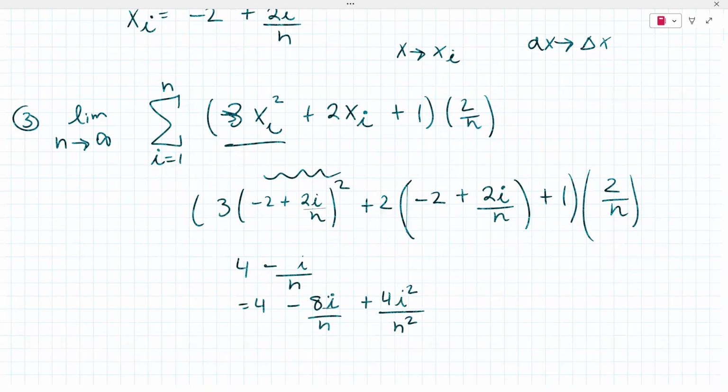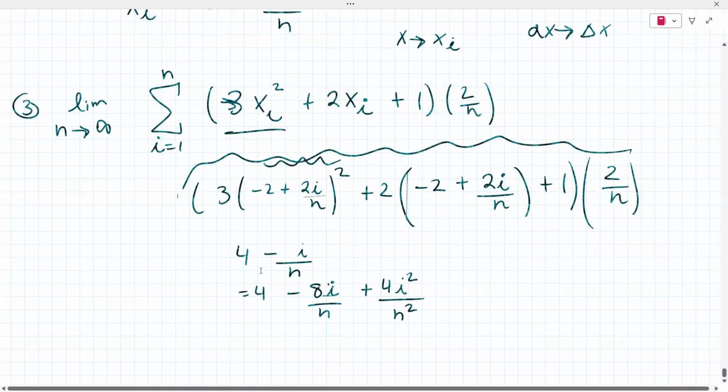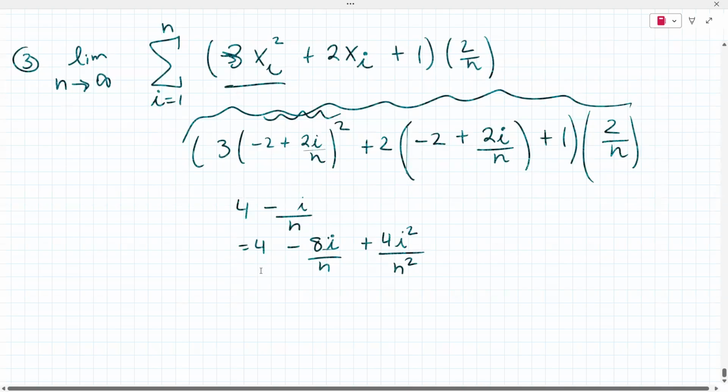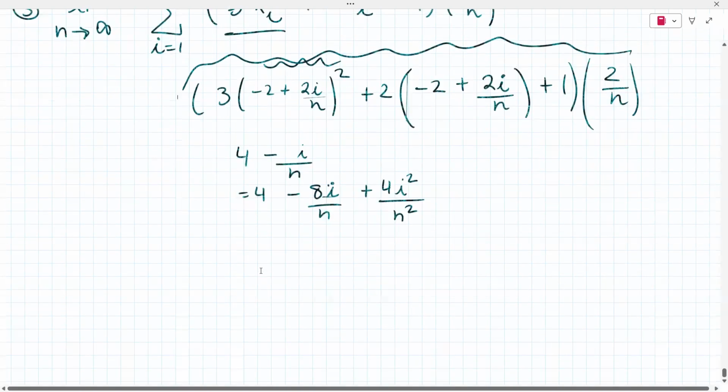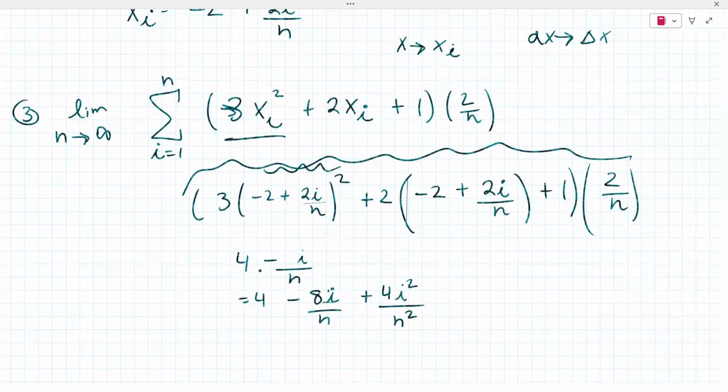And basically, if you FOIL this whole thing out, I'm just going to save you time. It's going to give you 18 over n minus 4i over n squared plus 24i squared over n cubed. So when you do all the algebra, FOIL everything out, including the 2 over n, you're going to get this.